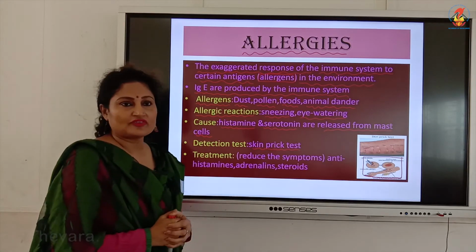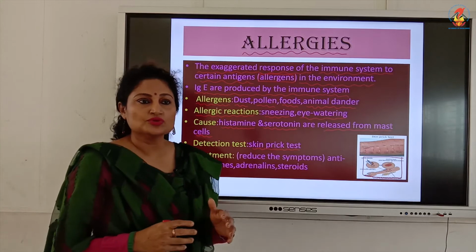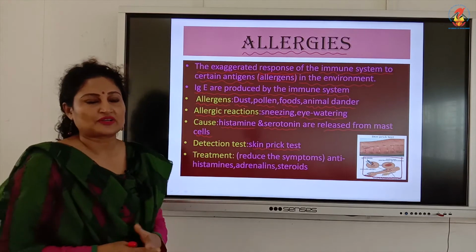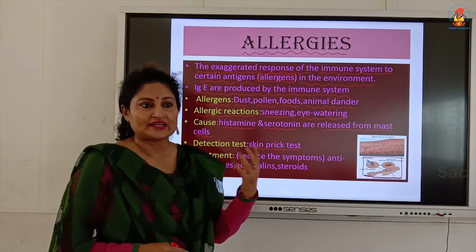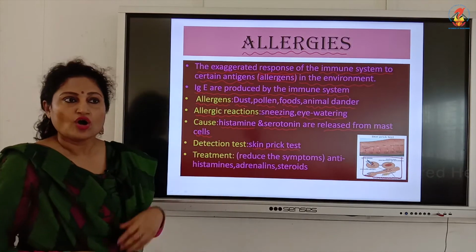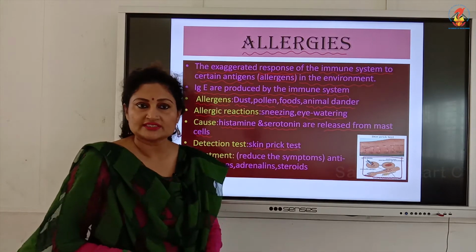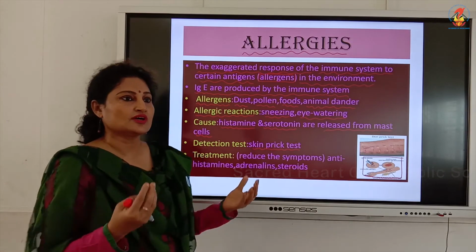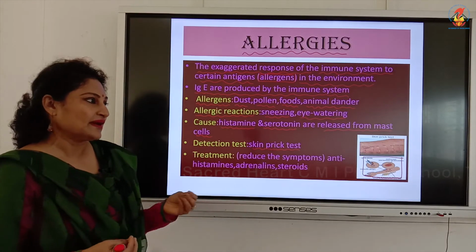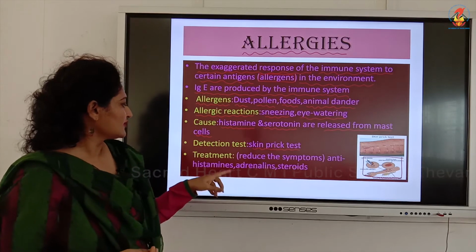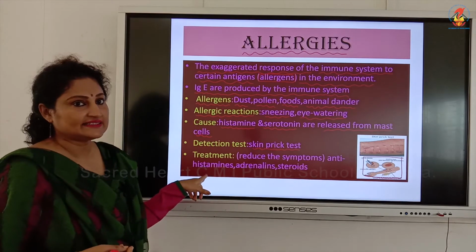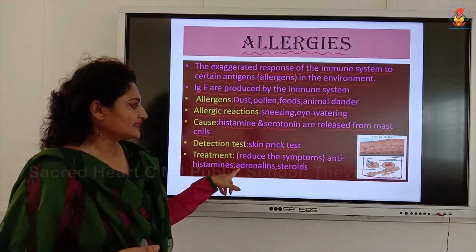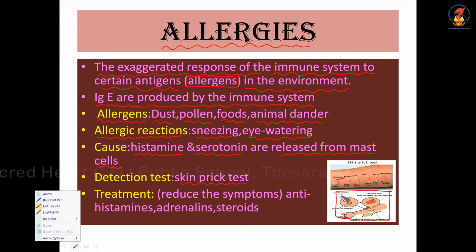Now, the treatment of allergies. The better way to get rid of allergies is to avoid that particular substance. Once you identify that you are allergic to a particular foodstuff or pollen grains or dust, avoid it. If at all you cannot avoid such scenarios, the only measure of treatment is by taking certain drugs which contain antihistamines, adrenalins and steroids.